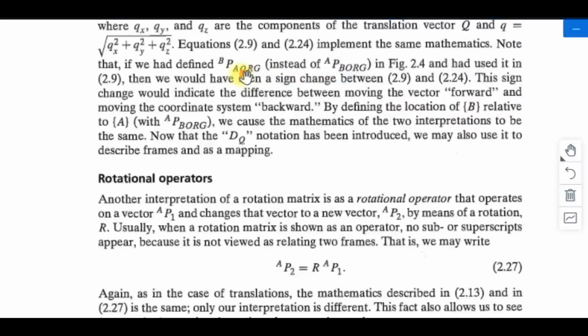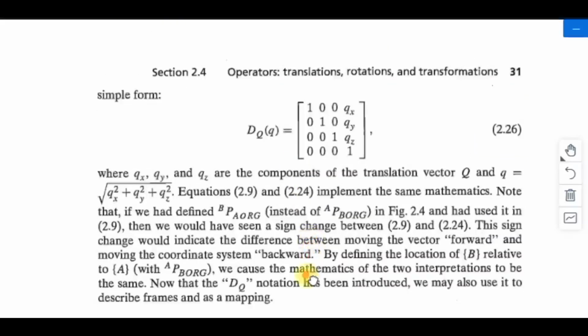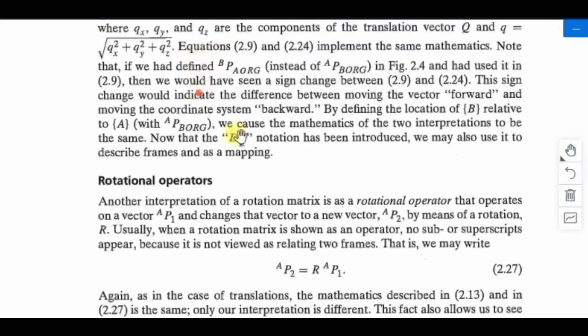Here B is desired, A is given. So the translation operation is over.